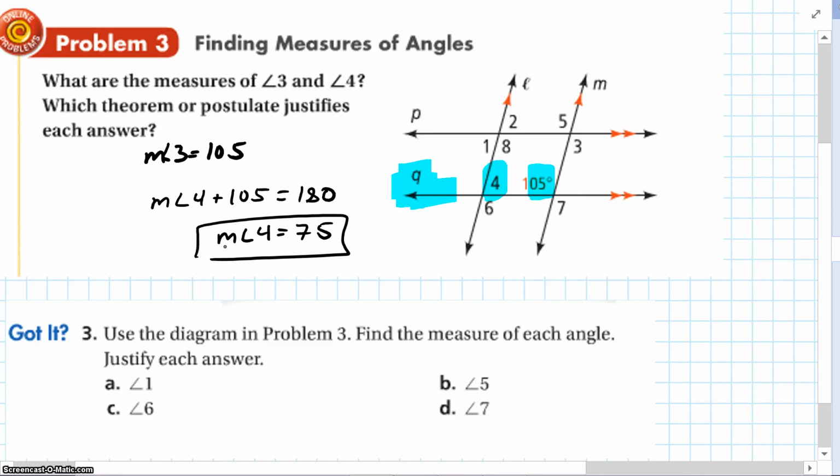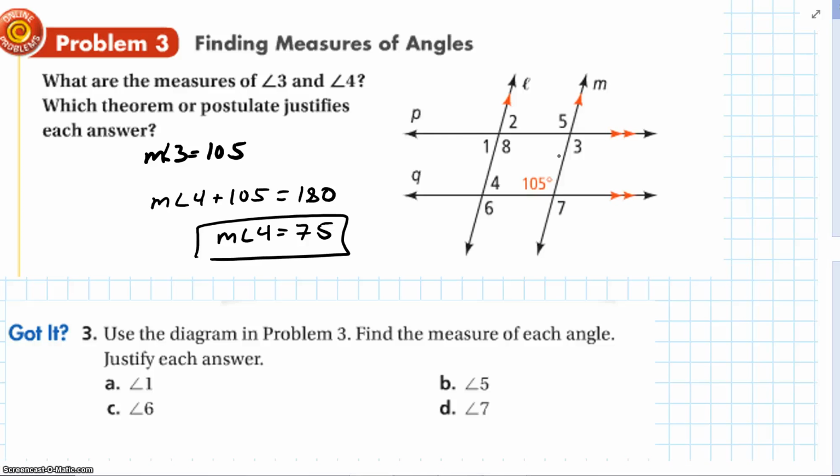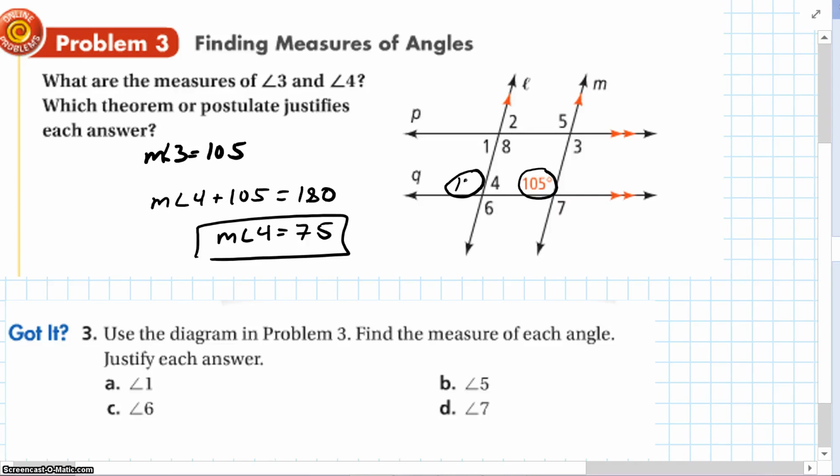Okay, use the diagram in problem 3. Find the measure of each angle. Justify each answer. All right. Angle 1, so how can we prove what angle 1 is? Well, we know corresponding angles are congruent, so that must be 105.